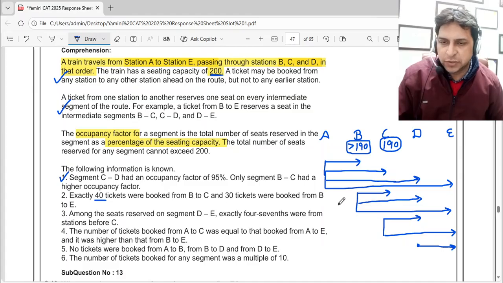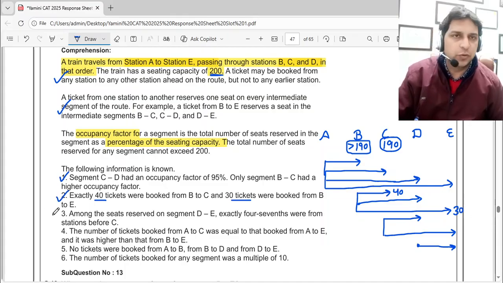40 tickets B to C, so this is 40 B to C. 30 tickets B to E, so this should be 30. This information has been used.